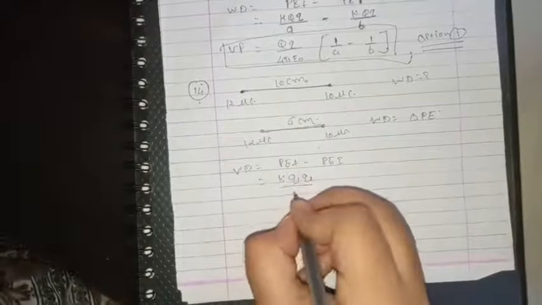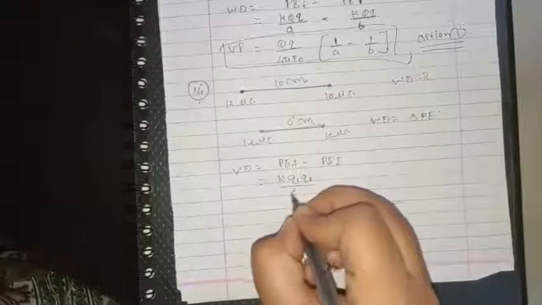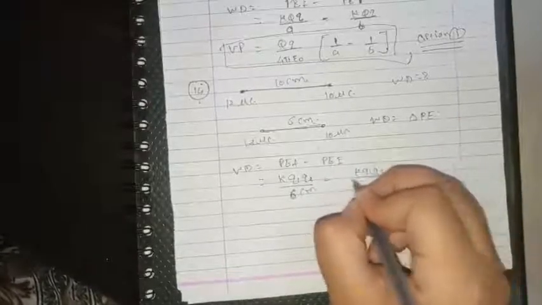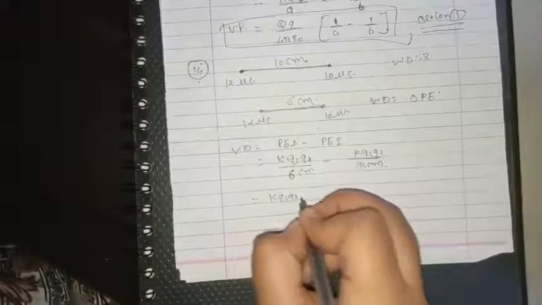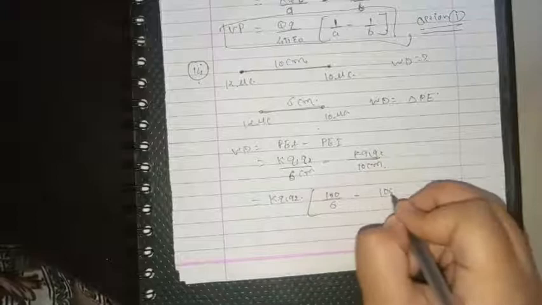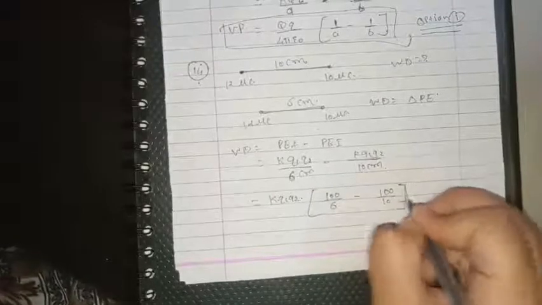Final potential energy in this case will be K Q1 Q2 divided by R, where the final distance is 6 centimeter, minus K Q1 Q2 divided by R, where the initial distance was 10 centimeter. So K Q1 Q2 into 100 by 6 meter minus 100 by 10 meter.